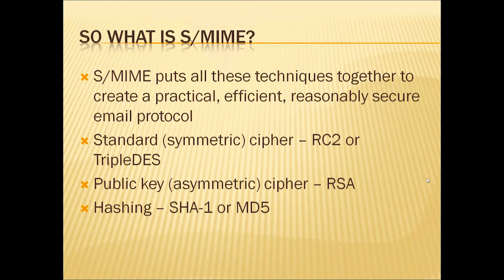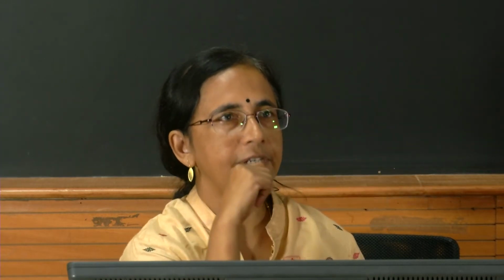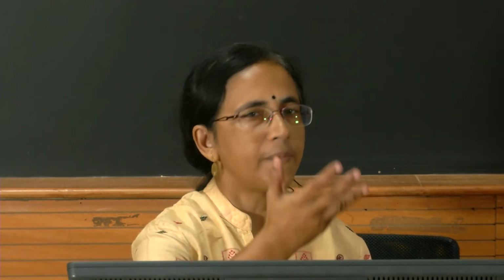Now, you see we have said so many good adjectives: practical, efficient, reasonably secure, etc. That means even though these particular components existed in bits and pieces, how you combine them so that you really get this efficiency is a questionable thing, because you can combine these things in many different ways, according to some particular policies.